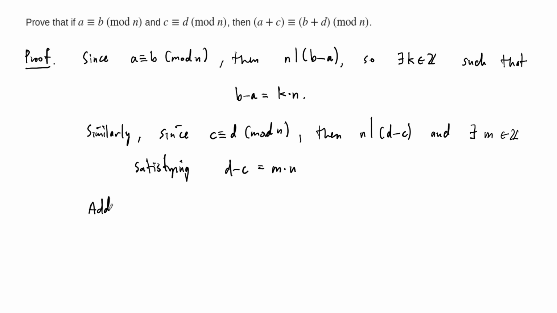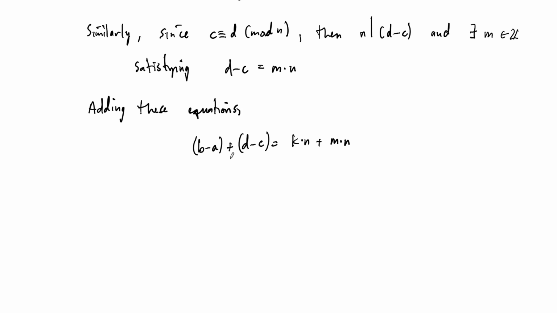So we can add these two equations and see what happens. Adding these equations, what happens? We get that b minus a plus d minus c is equal to k times n plus m times n. I'll just do this in many stages.